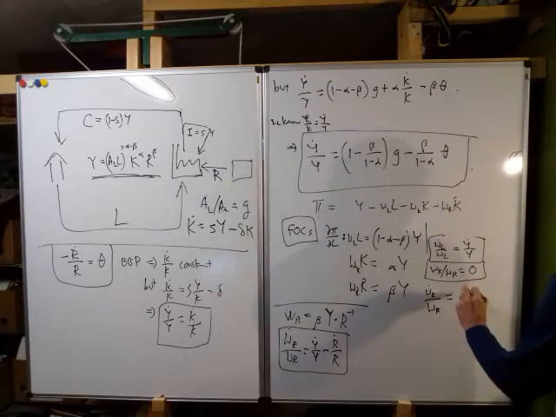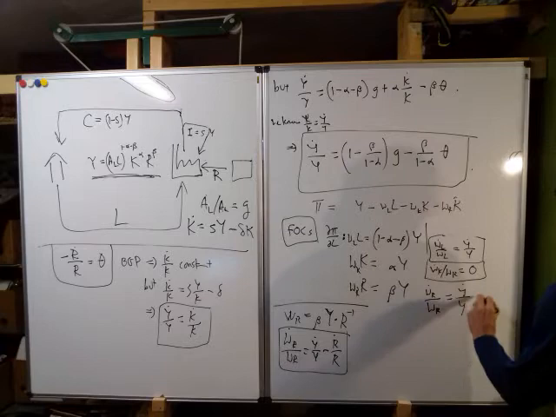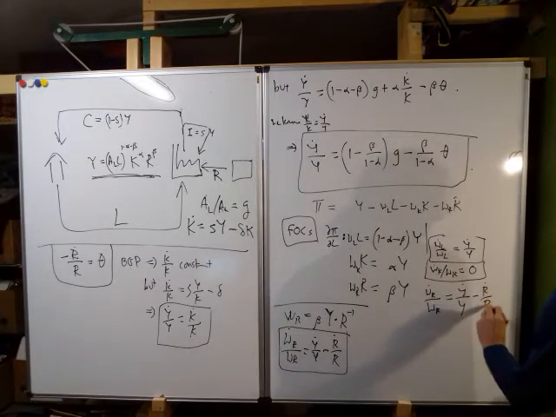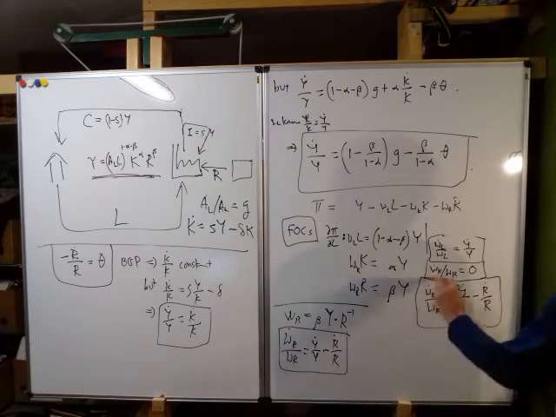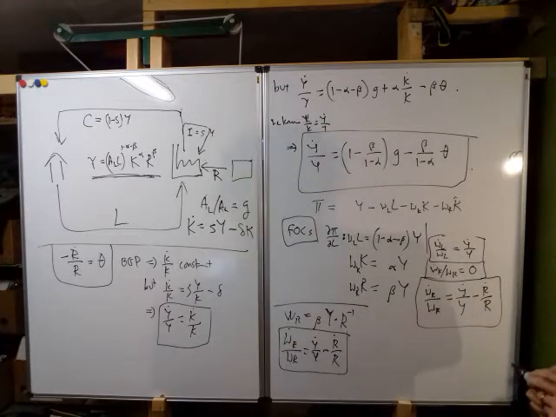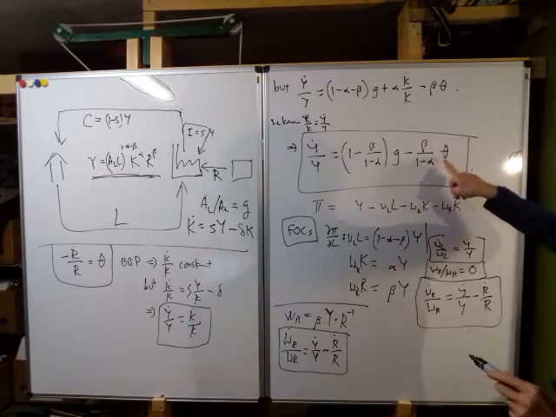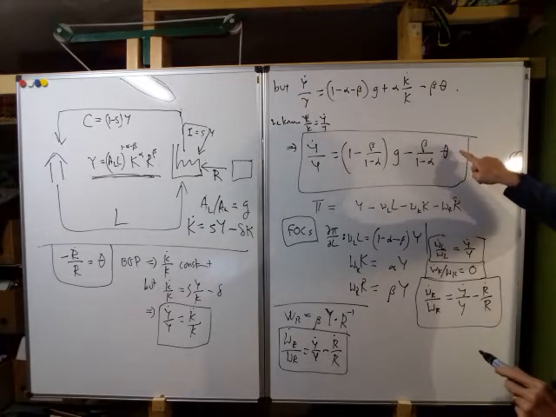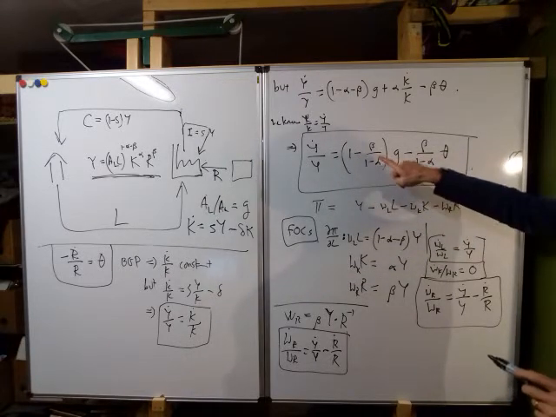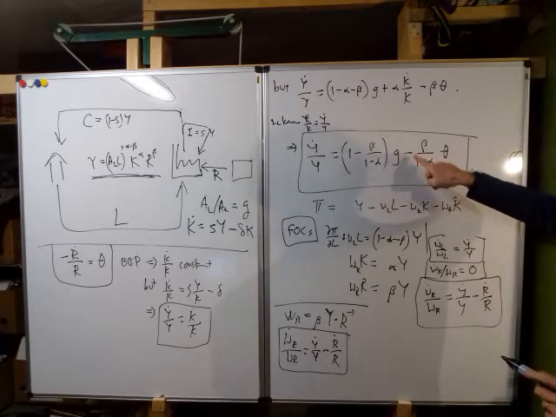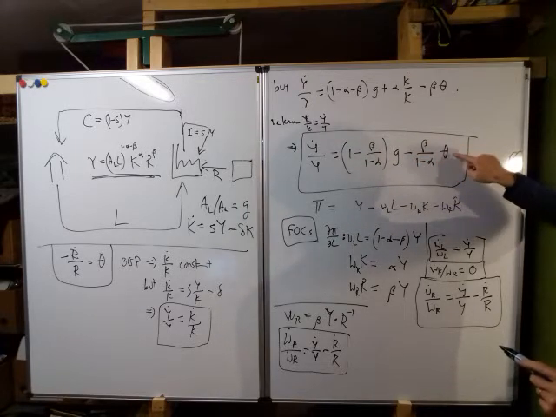Well, now let's just write it. Y dot over Y minus R dot over R. And if R dot over R is theta, then we have 1 minus beta over 1 minus alpha g minus beta over 1 minus alpha theta.